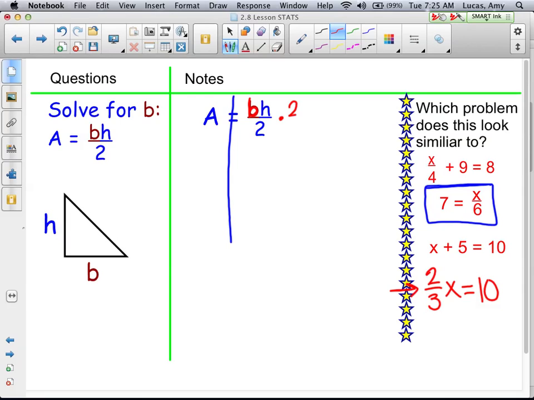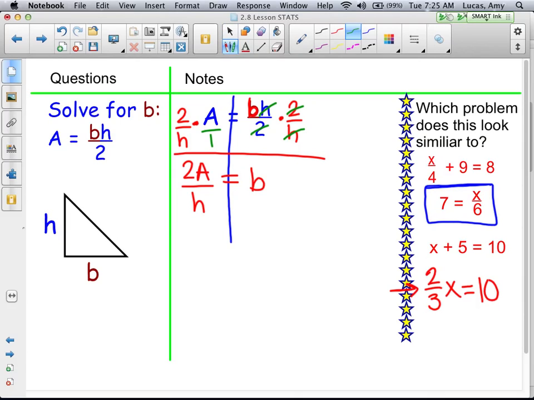So I'm going to multiply by 2 over h to eliminate the 2 and the h in one step. So, cancel out my 2's and my h's. I can drop a 1 under my a, and now I've got the b by itself, and it's going to be equal to 2 times a divided by h. That is my final answer.